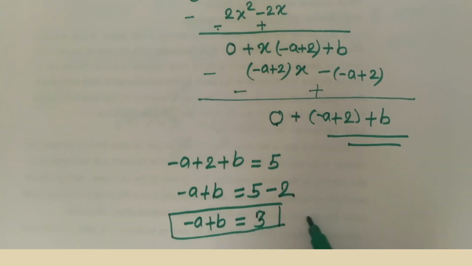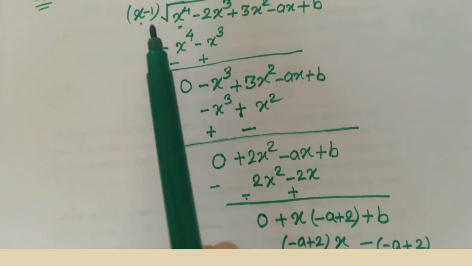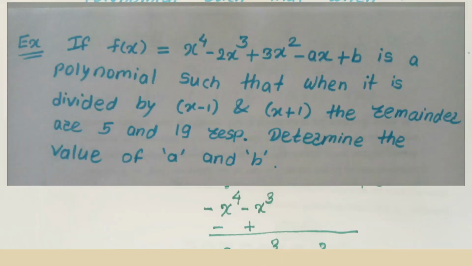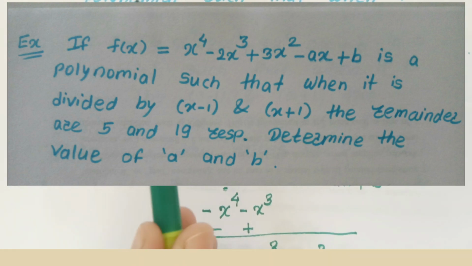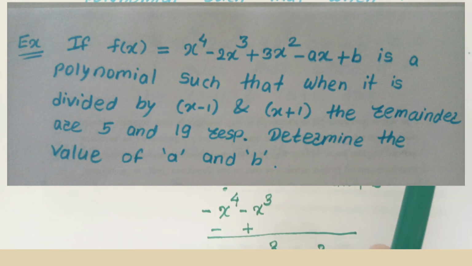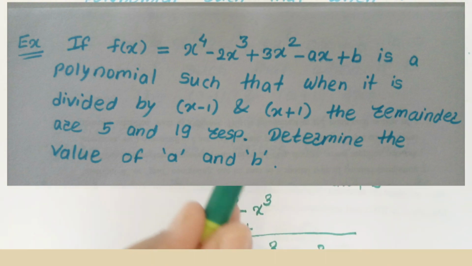This is equation number 1. Now in a similar way you have to divide this polynomial by x plus 1, because in the question, f of x divided by x plus 1 gives remainder 19. So you solve this second division, and we get a new equation.